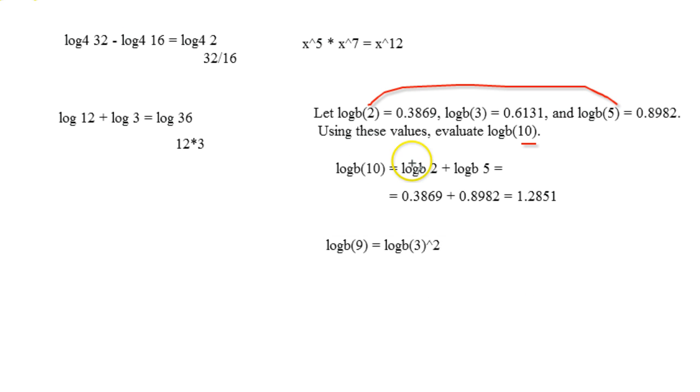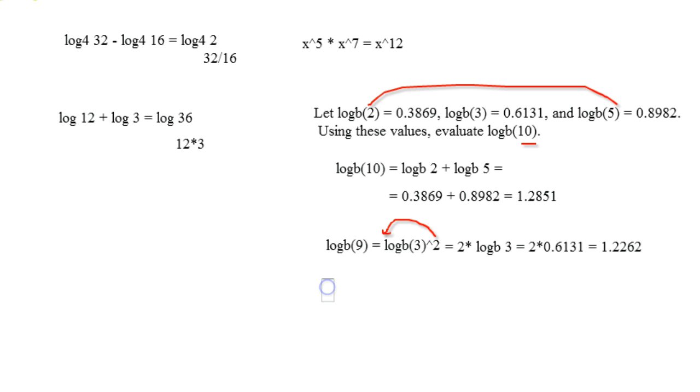If you remember the rule for when you raise something to a power, you bring it to the front and multiply it. So this becomes 2 times log base b of 3, which is 2 times 0.6131, and that turns into 1.2262. And that's the gorgeous thing about this, is that I can re-represent this stuff.